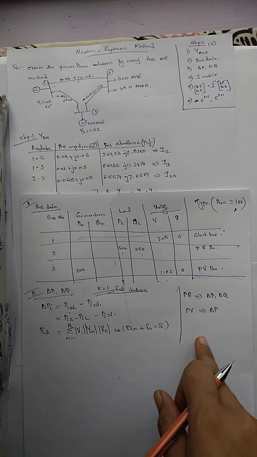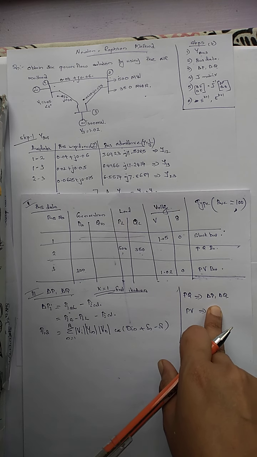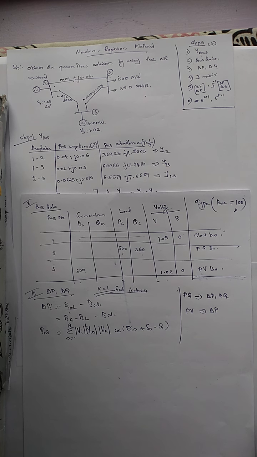In Gauss-Seidel method for PQ we find out only the voltage and angle, and for PV we find out reactive power also. But in Newton-Raphson method, for PQ bus we will find out delta P and delta Q, and for generator bus or PV bus we will find out only delta P.